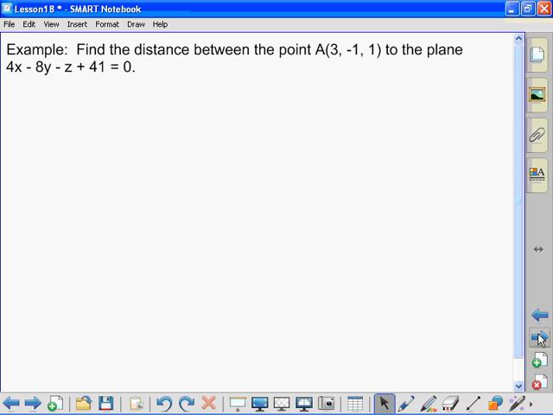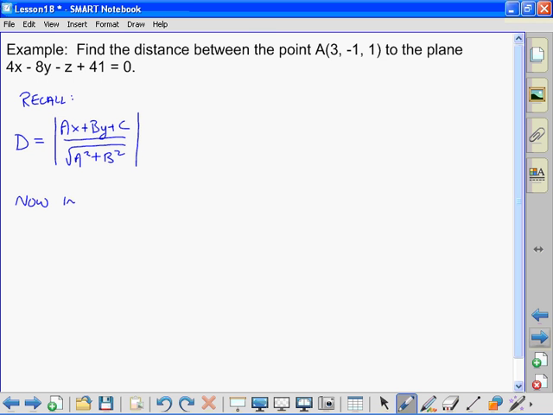Find the distance between point A and the plane given. So as an aside here, we recall from a line in 2 space, we know it was ax plus by plus c over the square root of a squared plus b squared.